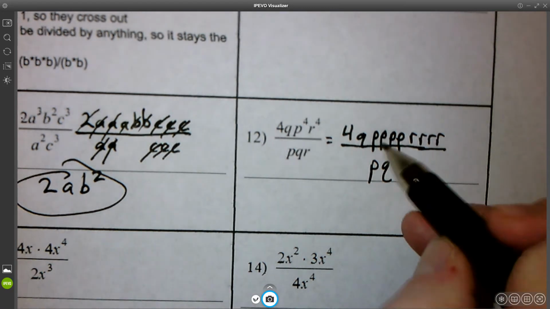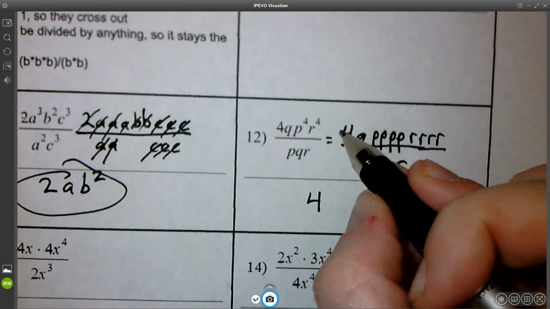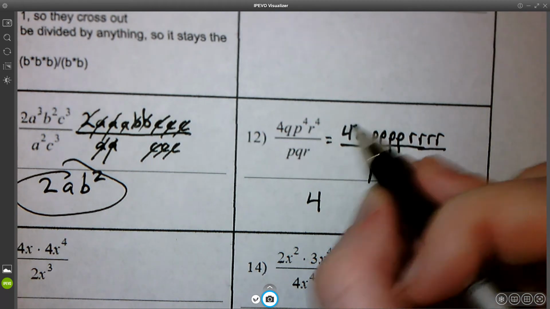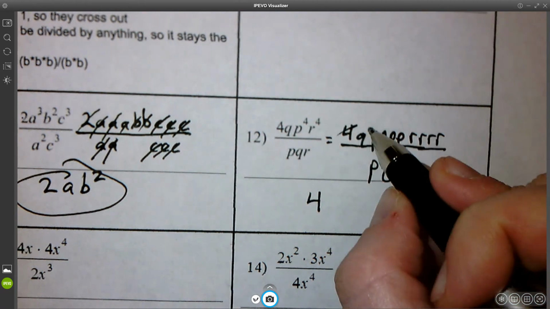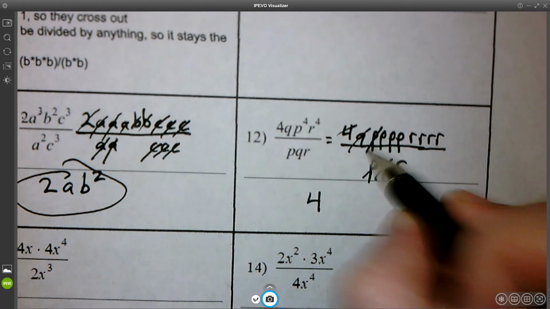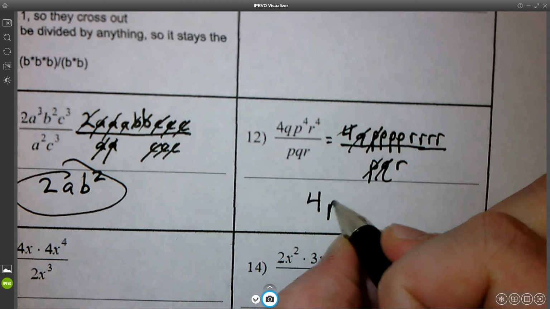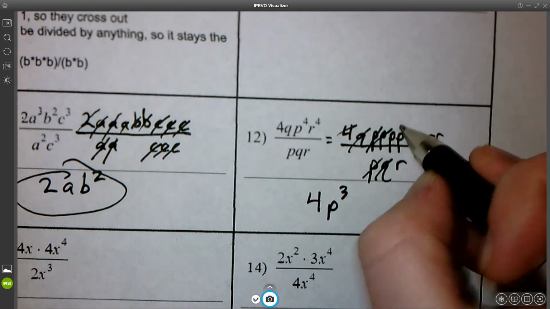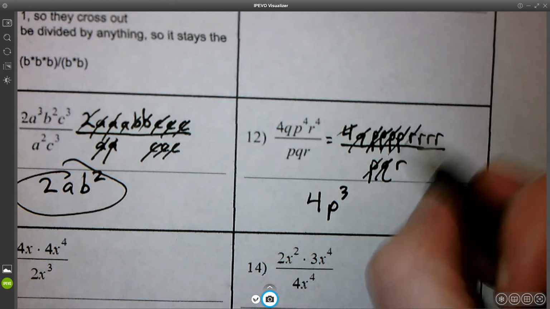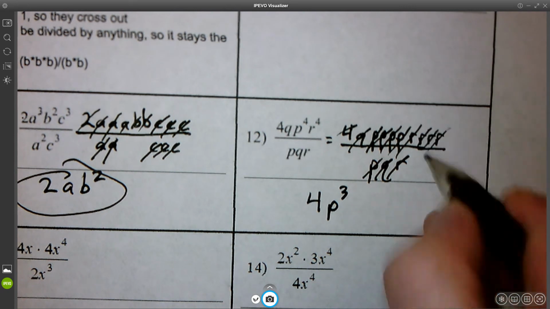So 4 comes down, and make sure we remember that we get rid of it. q divided by q is 1, so that goes away. A set of p's goes away, and we have 1, 2, 3 left. So p to the third. 1 r on top, 1 r on bottom goes away, and now we have 1, 2, 3 r's remaining.